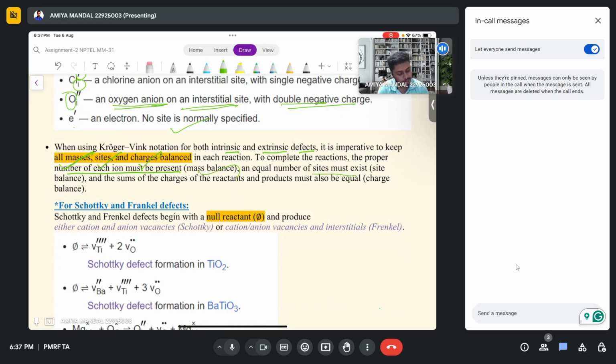An equal number of sites must exist, that is site balance. The sum of the charges of the reactants and the products must also be equal, that is charge balance. So everything should be balanced here.